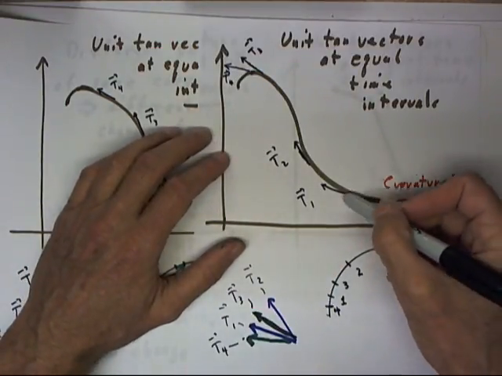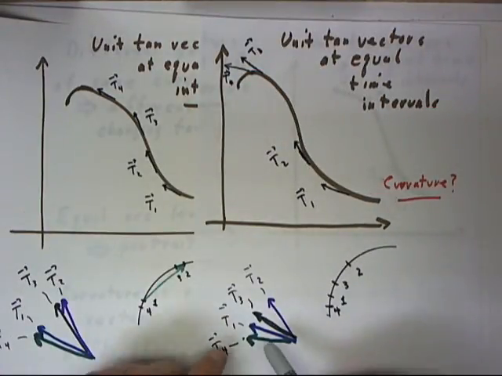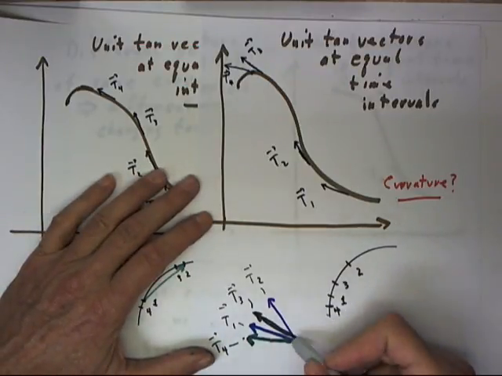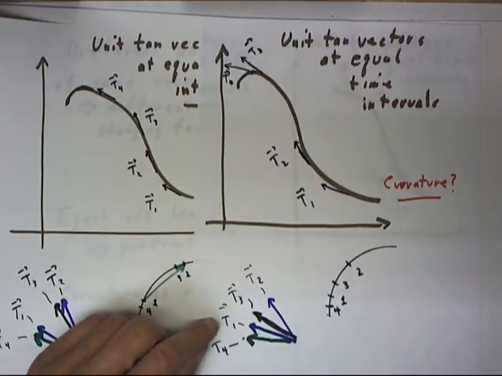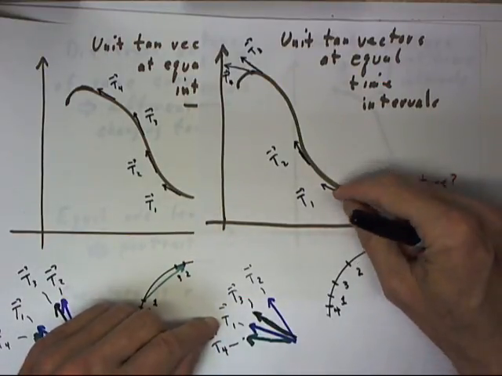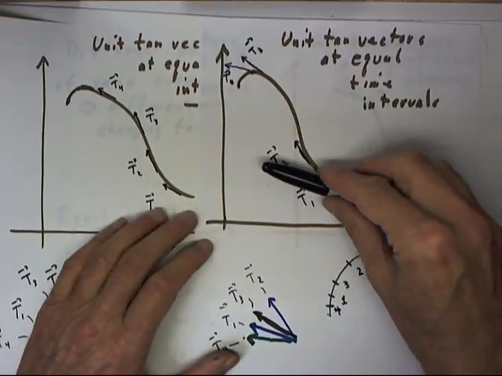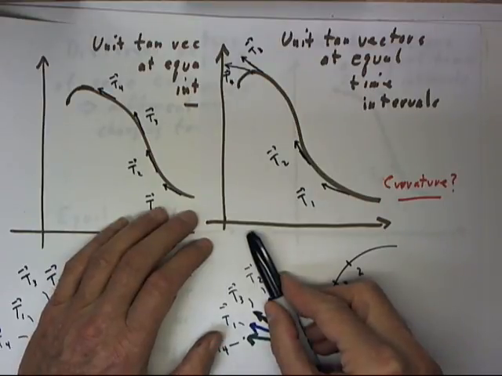Okay, now I've drawn unit tangent vectors at 4 points, and now I've depicted those vectors all with the same initial point in this picture. So here's T1, our first tangent vector. Here's T2. So as we go from here to here, our direction changes from this direction to this direction.